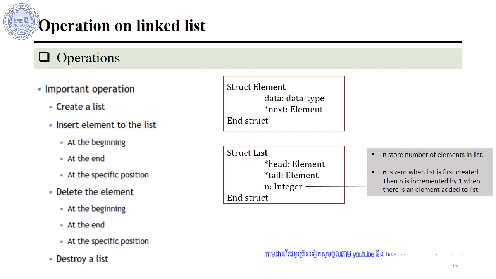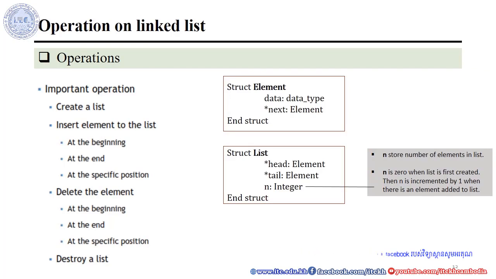And in order to work with the linked list, we need to create two data structures. The first one is the element, which is used to store data, and it also contains a pointer for linking one element to another. And we have a list so that we can arrange the linked list in a compact form.